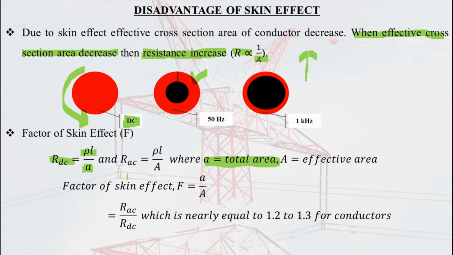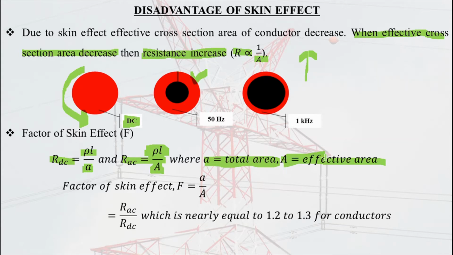Suppose we are using the same material, and AC current is flowing through that material. Now we will write the formula of resistance as R_AC equals rho L by capital A. Here rho is the resistivity, L is the length, and capital A is the effective cross sectional area of the conductor.